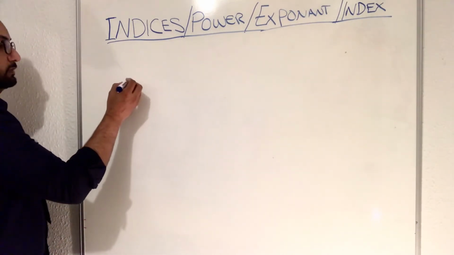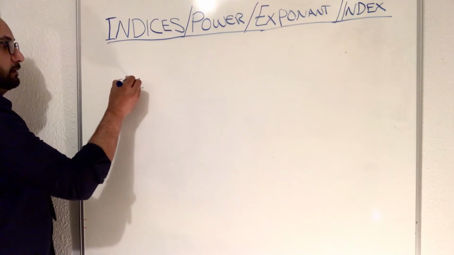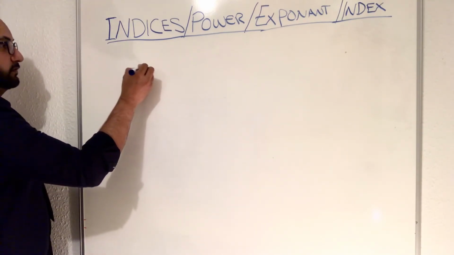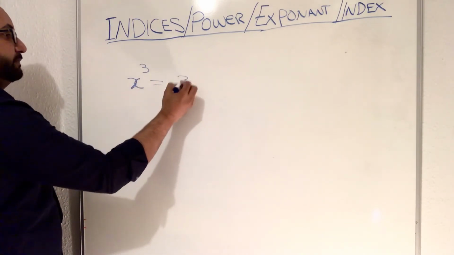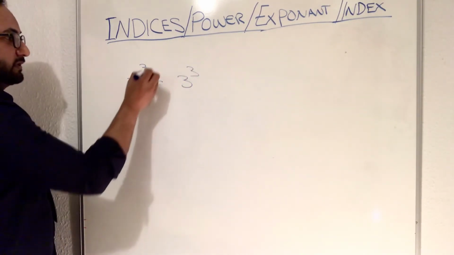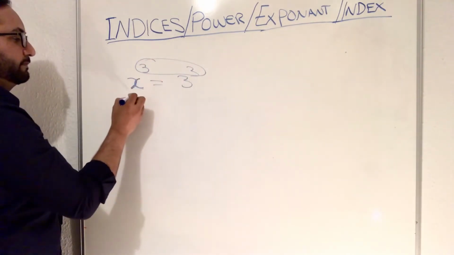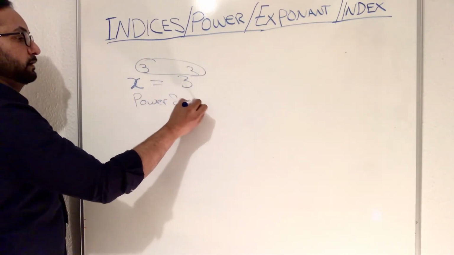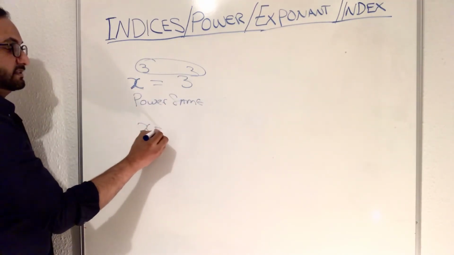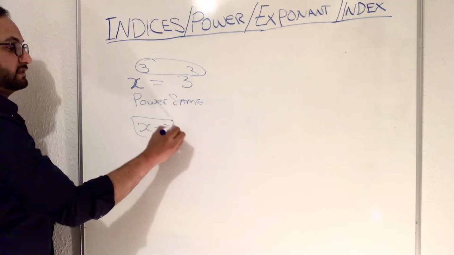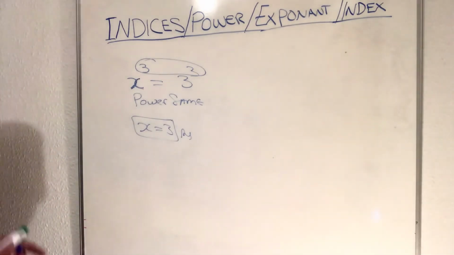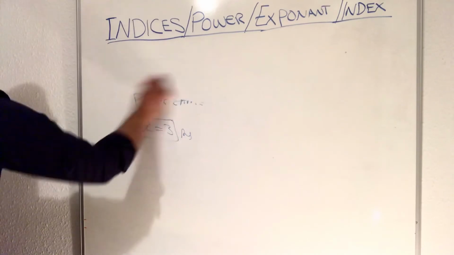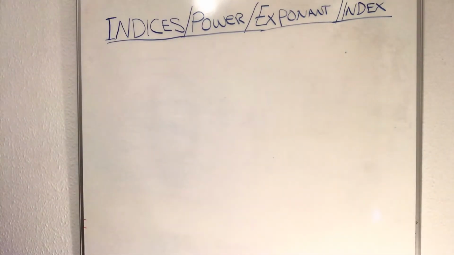If I write x power 3 equals 3 power 3, the powers are the same, so the base is equal. So x is equal to 3. This is the answer. These kinds of questions are exam based. I will write down the proper question so that it might help more.